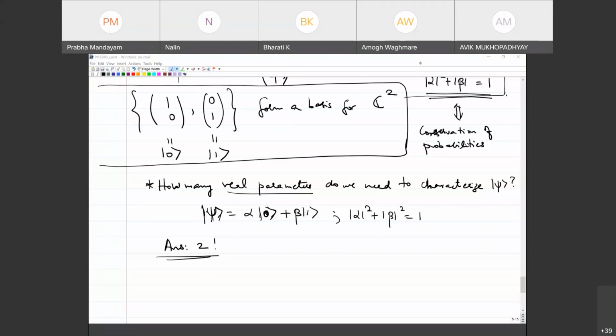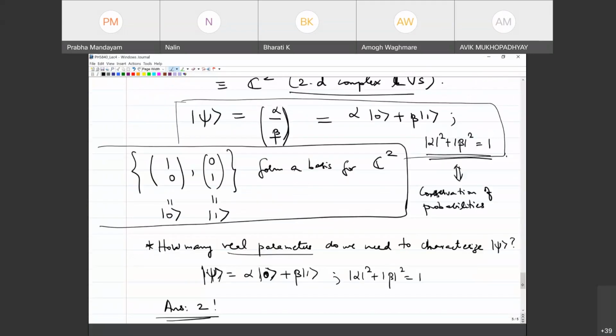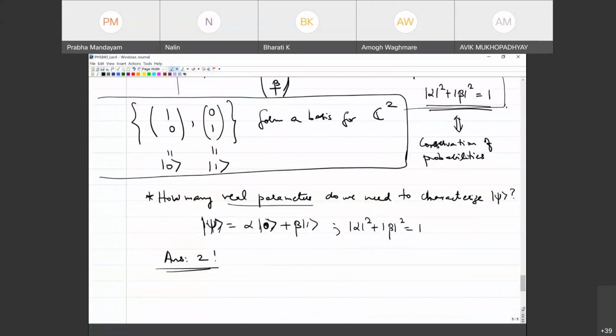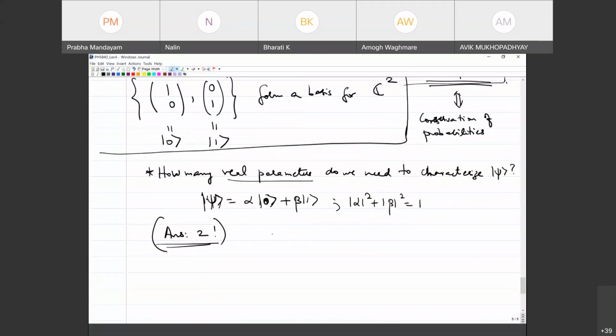Now it's easy to see that we actually start with 4, right? If I have 2 complex numbers, that should imply 4 real parameters, right? But I have 2 complex numbers plus 1 constraint, which is the constraint on the norm: the norm must be 1.